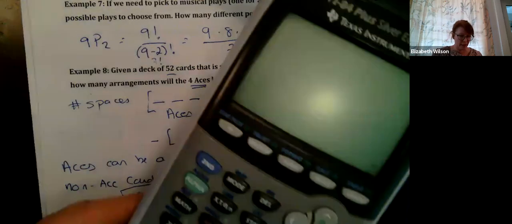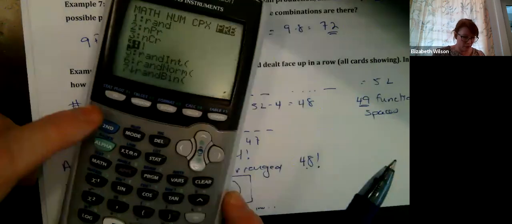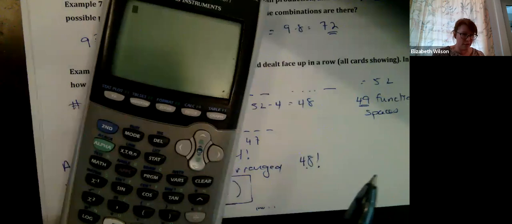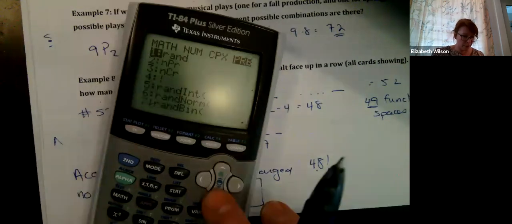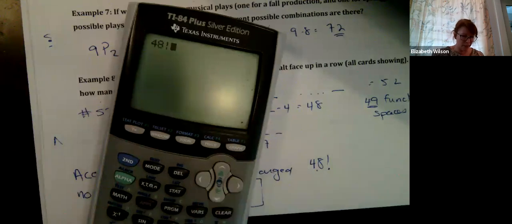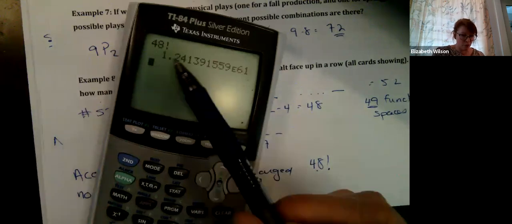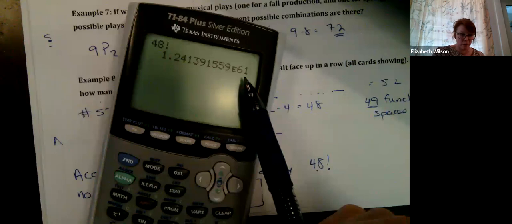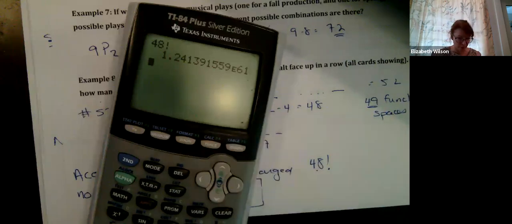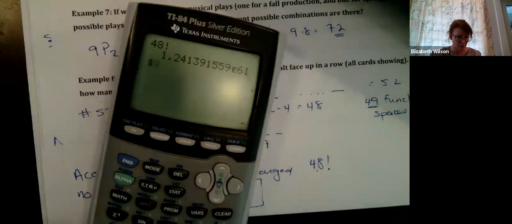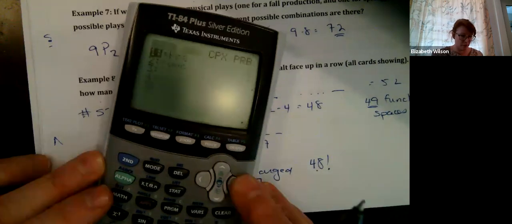Let's just talk about this for a minute. I'm going to go 48, math, over to probability, down to factorial. You can hit enter, and it gives me 1.24 times 10 to the 61. This means exponent, times 10 to the 61. So 48 factorial my calculator can handle. I'm just curious, I'm going to do 100 factorial.